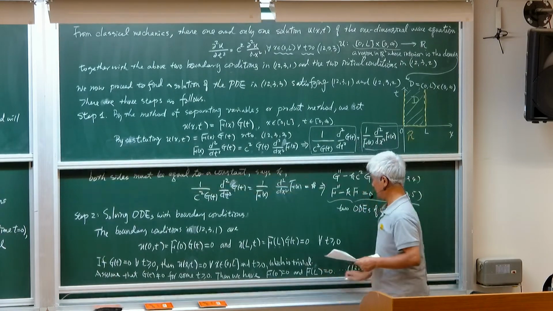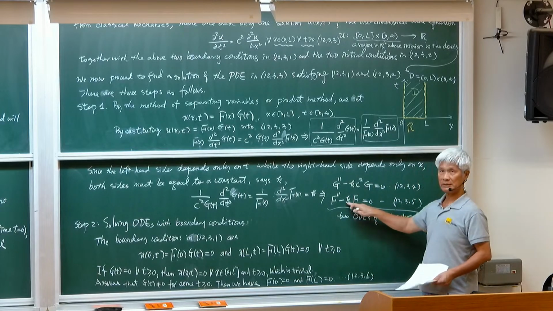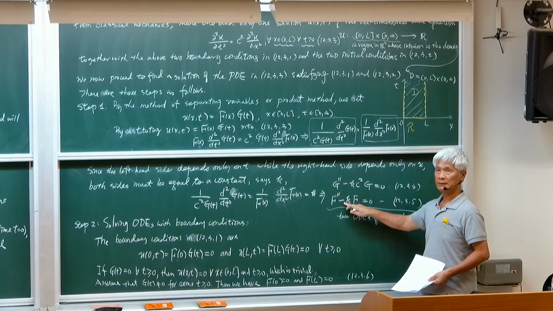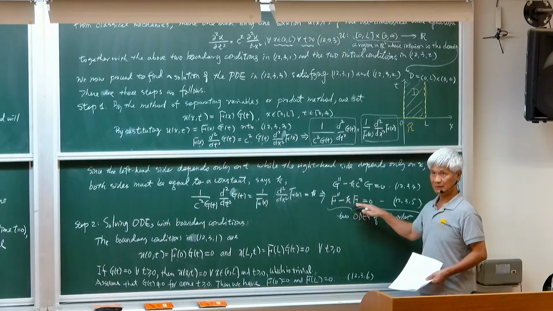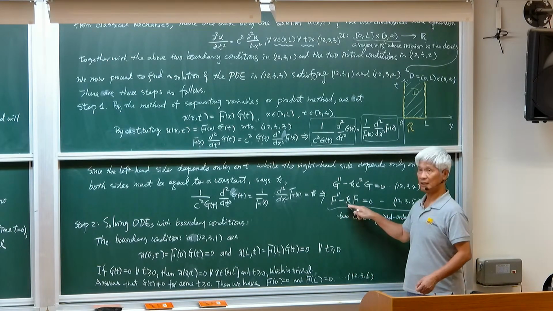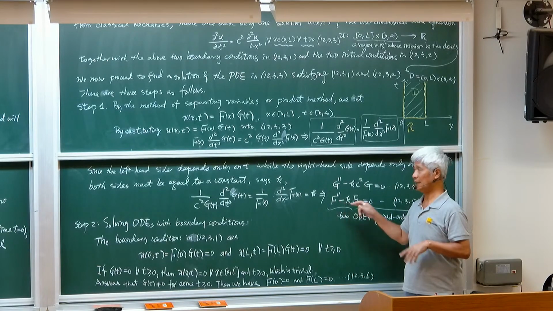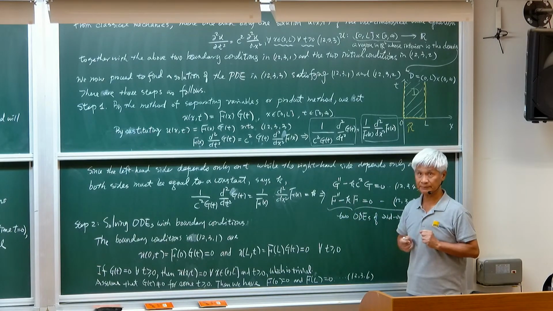These two boundary conditions are for this second order ODE here. With two boundary conditions, we know there are unique solutions, because the ODE has 2 degrees of freedom.